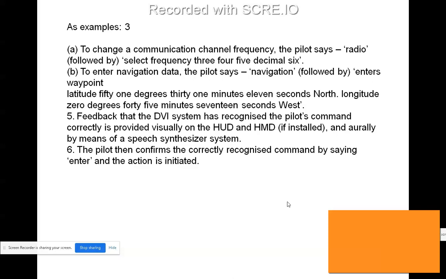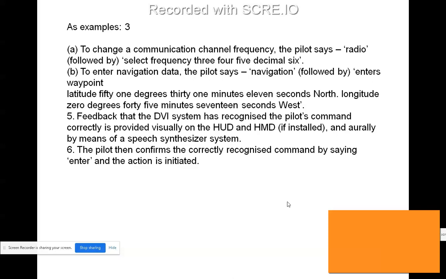To enter navigation data, the pilot says navigation, followed by enter waypoint latitude 51 degrees 31 minutes 11 seconds north, longitude 0 degrees 45 minutes 17 seconds west. In this manner the pilot will give the navigation details.